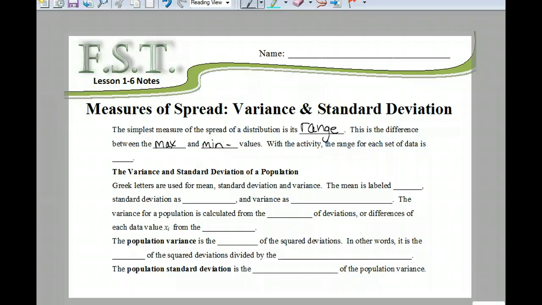With the activity, the one that we are looking at, it's in your section 1-6, you can read about it later. There was a max of 80 and a min of 70. So if you look at it later, you'll see that the range is 10. Okay?